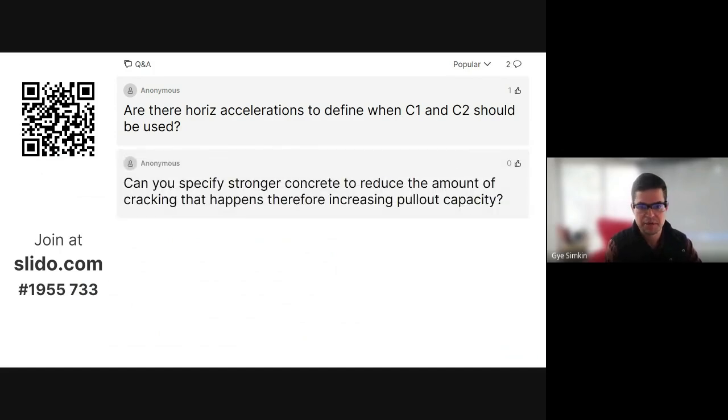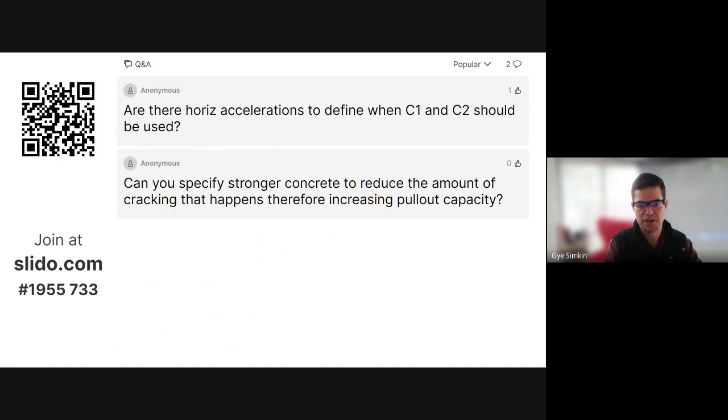We've got another question come in. Can you specify stronger concrete to reduce the amount of cracking that happens, therefore increasing pull-out capacity? Another great question. The answer there is, I don't see why not.